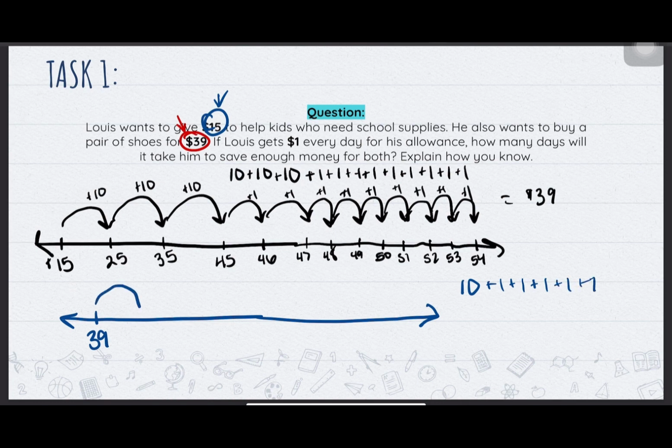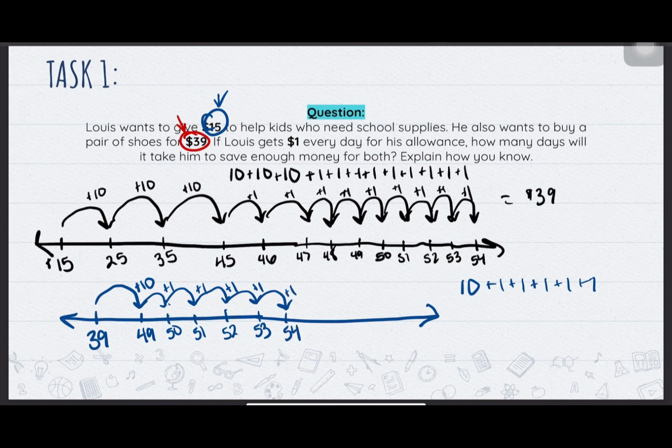So then we're going to add that 10, which is 49. And then we're going to add those ones. So 50, 51, 52, 53, and one more for 54.